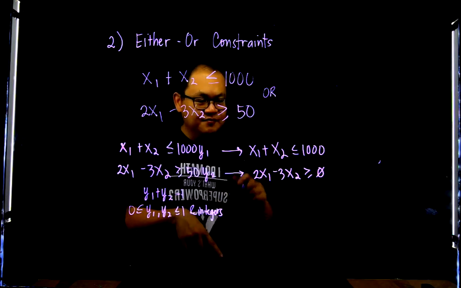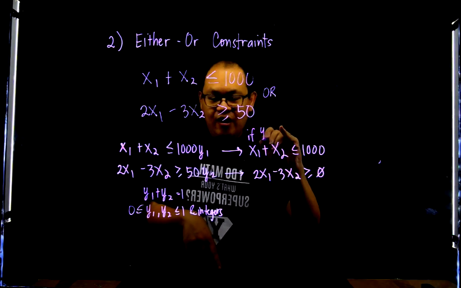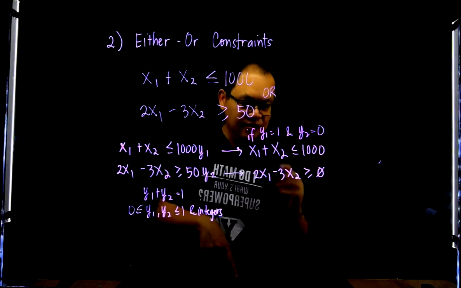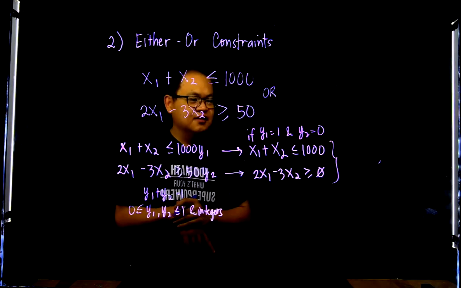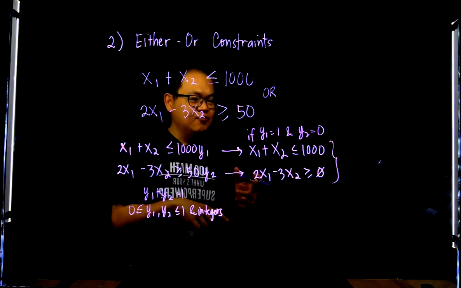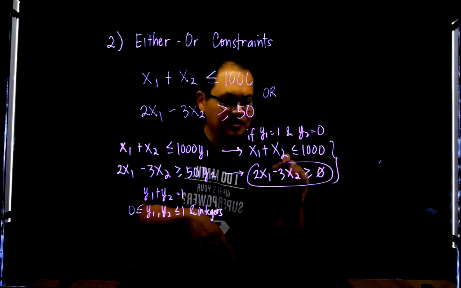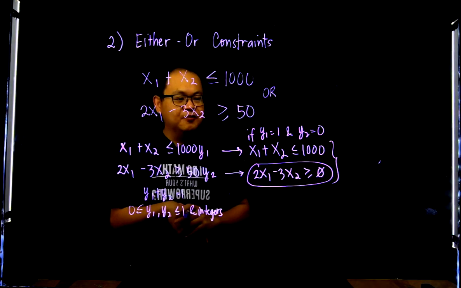Which means if y1 is equal to 1 and therefore y2 is equal to 0, we have this. Unfortunately, we cannot accept this answer because technically, this is not even part of the original problem.